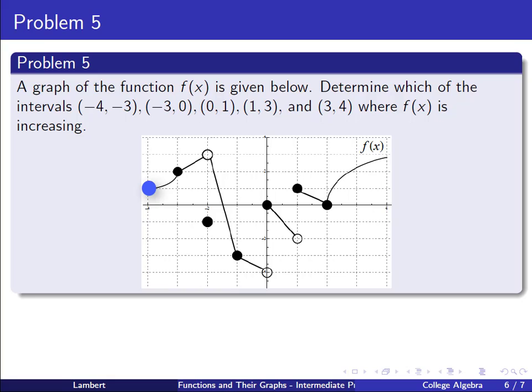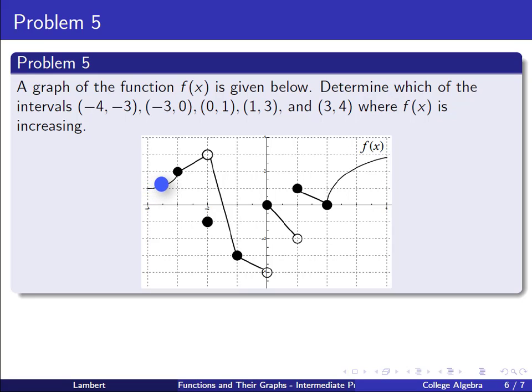So we'll start with this blue dot, and as we go, we're trying to see, is our blue dot rising or falling? If it is rising as we move along the curve, that means we have a function that's increasing. And let me state, we're moving from left to right, just the way we read normally, trying to follow the graph along the way. So we're going to begin at this point, (negative 4, positive 1), and we're going to move along the curve and just focus on the y value along the way.